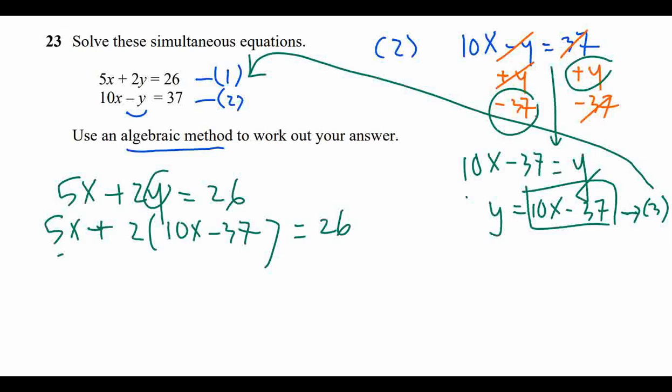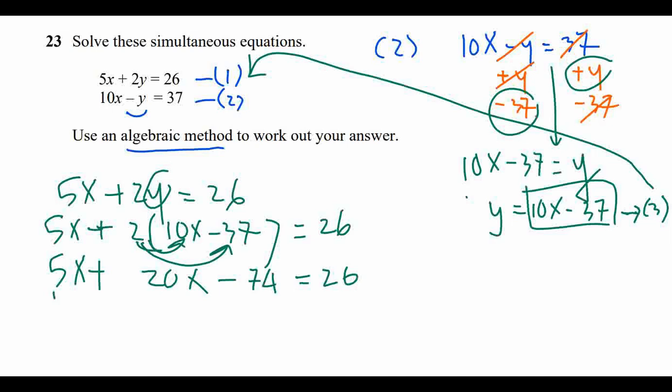Now we expand the bracket. 2 times 10x is 20x. 2 times minus 37 is minus 74, equals to 26. Now we have the like terms, 5x and 20x is 25x, minus 74 equals to 26.